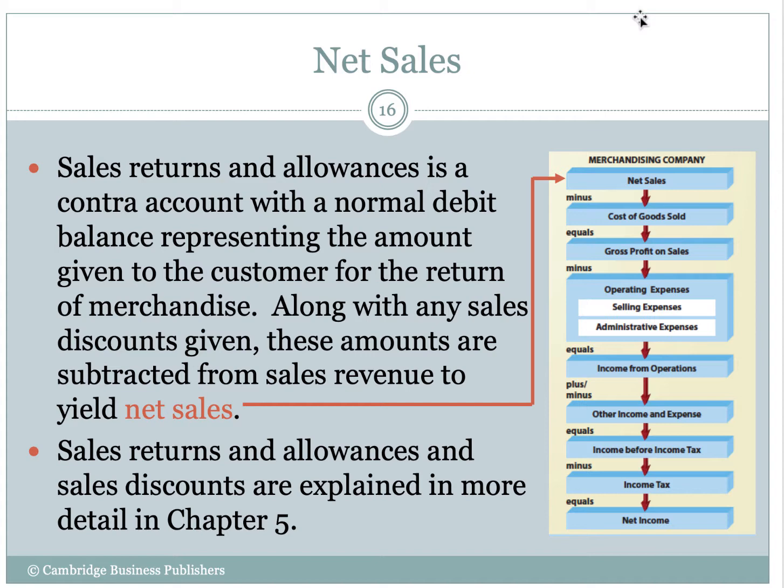Sales returns and allowances is a contra revenue account. So we take our sales, then we subtract out that estimated sales returns and allowances to end up with net sales. Okay, we'll look at this in a lot more detail in chapter 5. Again, right now we just got to know what it is and how we calculate net sales.